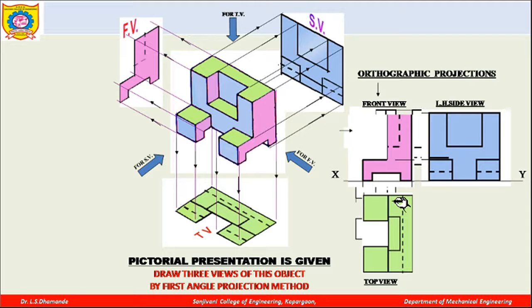So all these details, the things which are visible to you, will be shown as full lines, and the things which are not visible, like here this slot is there at the bottom, but from the top it is not visible, but it is there. So as this is a complete through slot, we are drawing this line completely here. As well as this will be the line in that particular view when looking from the front side, and looking from the top you will get this C shape.